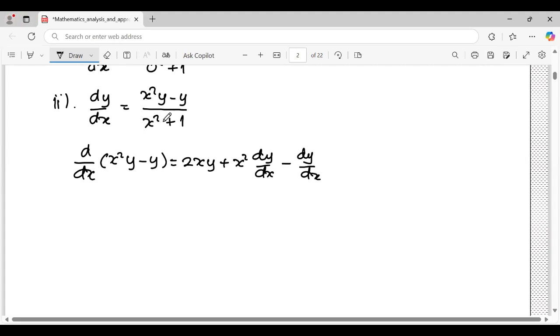And after that, this one x squared plus 1. The derivative of x squared plus 1 becomes 2x.